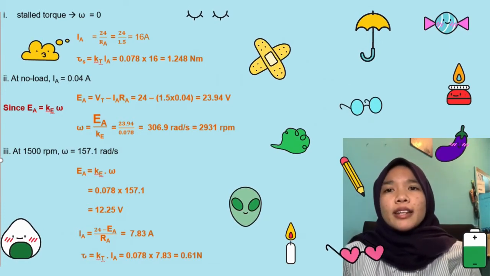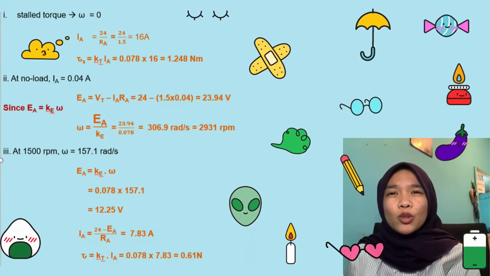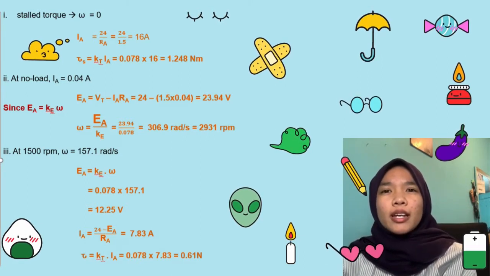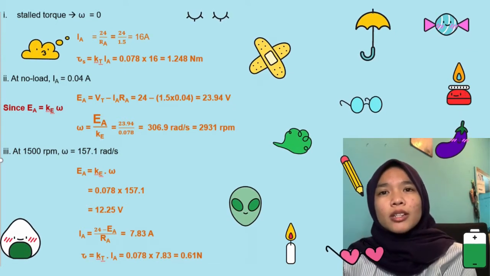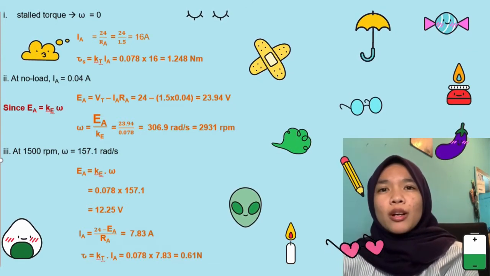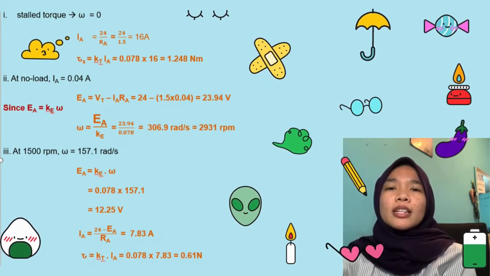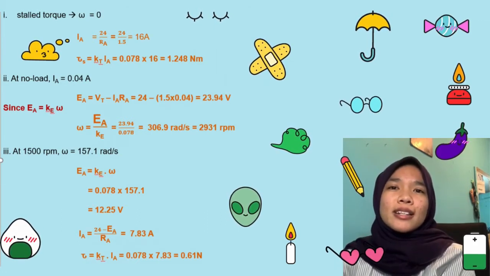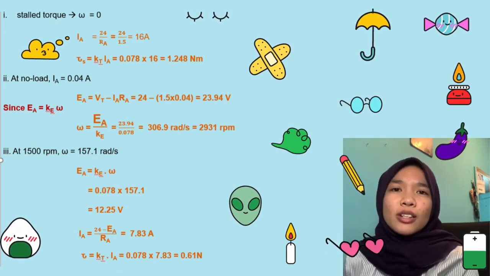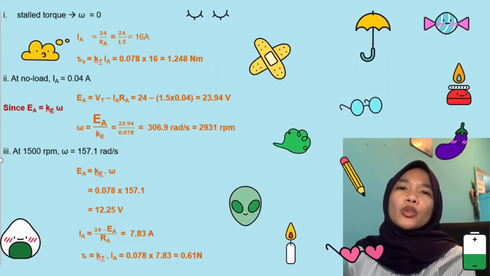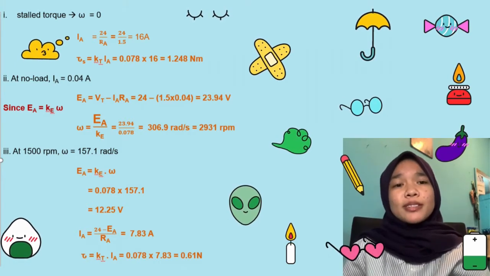Since Ea equal to voltage constant times speed, speed equal to Ea divided by voltage constant, equal to 23.94 divided by 0.078, equal to 306.9 rad/s, equal to 2931 RPM.